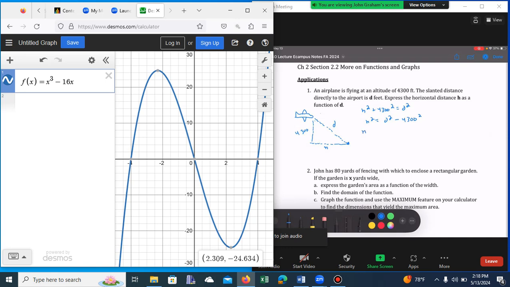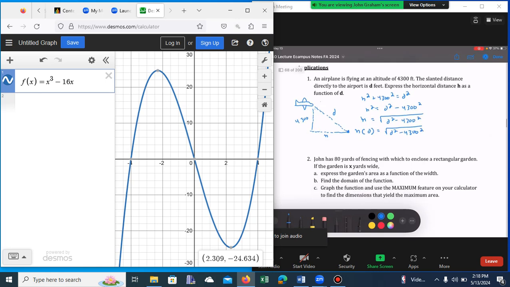So H equals the square root of D squared minus 4,300 squared. And to express this as a function, H of D equals the square root of D squared minus 4,300 squared. This is mainly an application of how you would find a function notation from a given word problem.